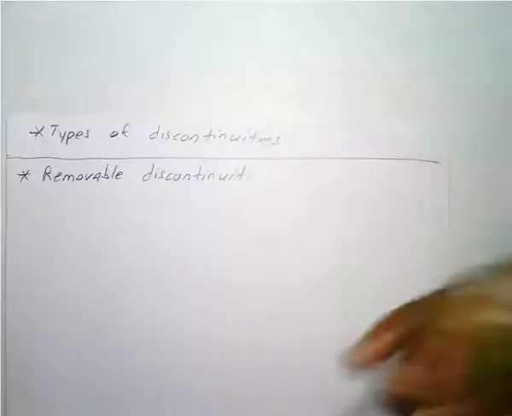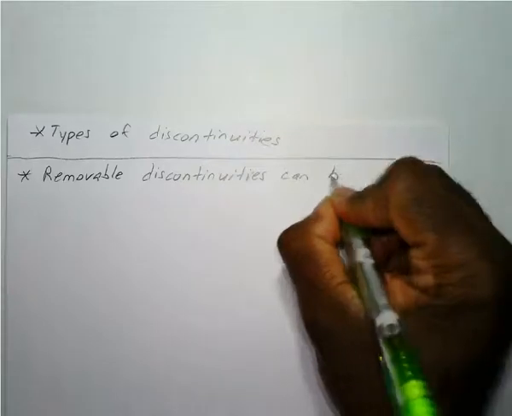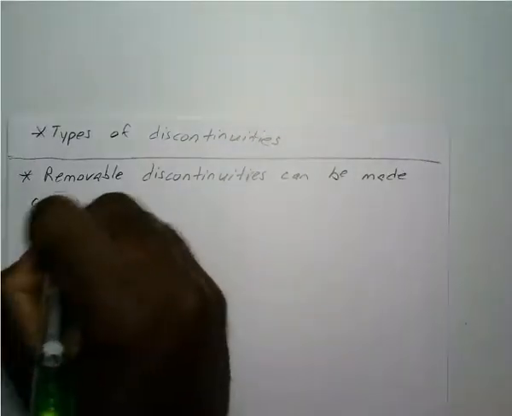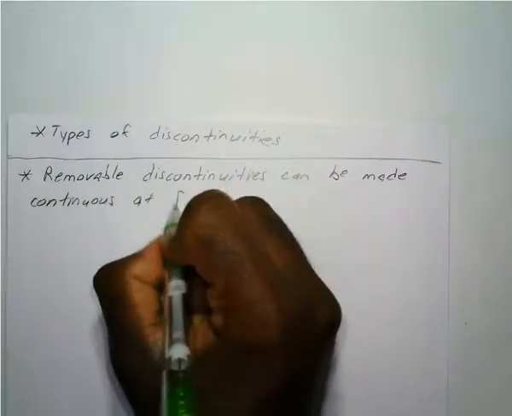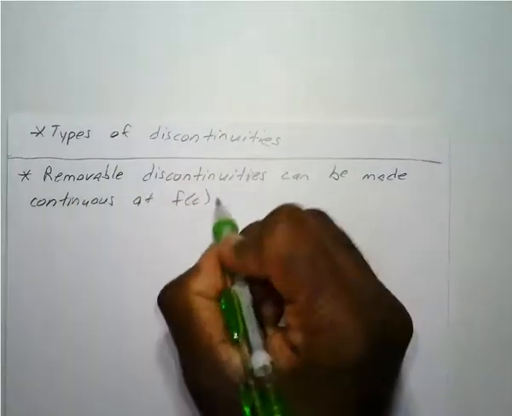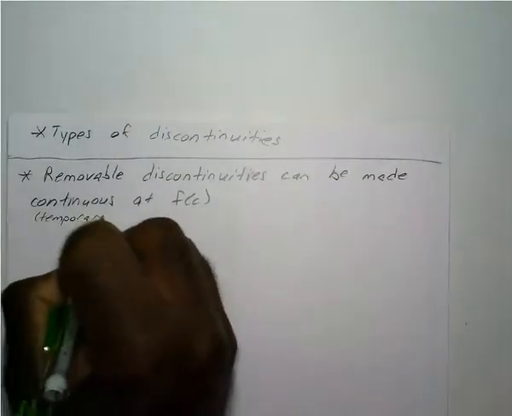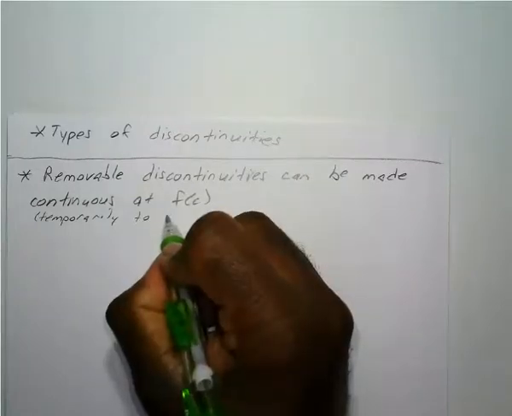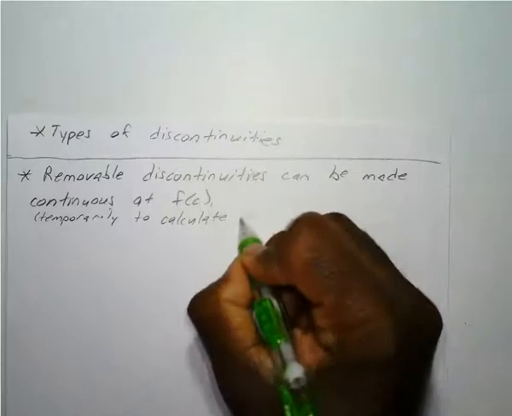Removable discontinuities can be made continuous at f of c, at least temporarily, to calculate the limit.